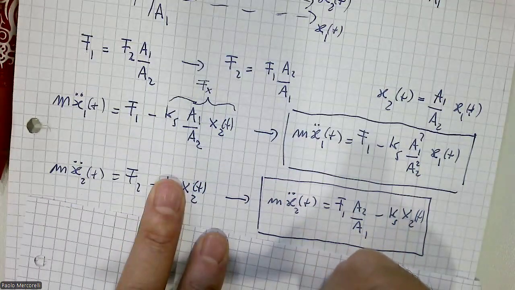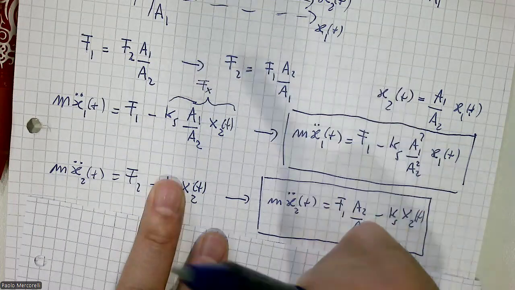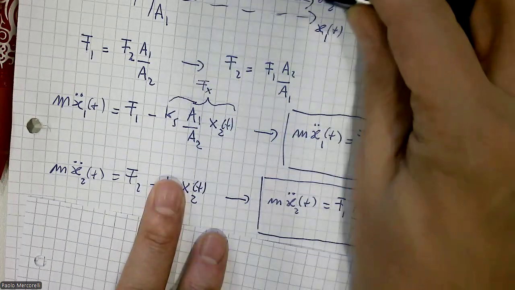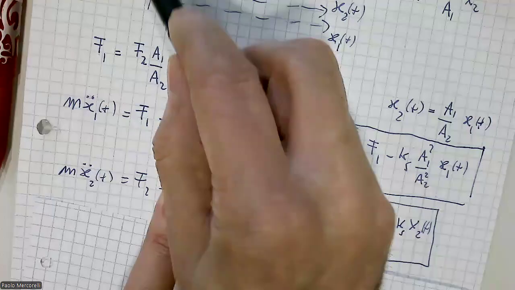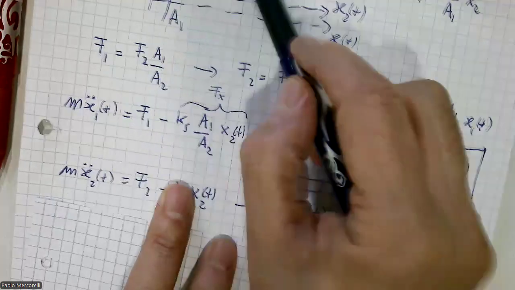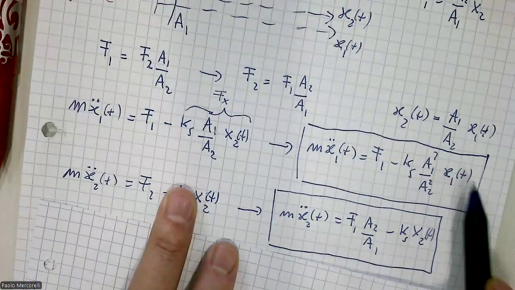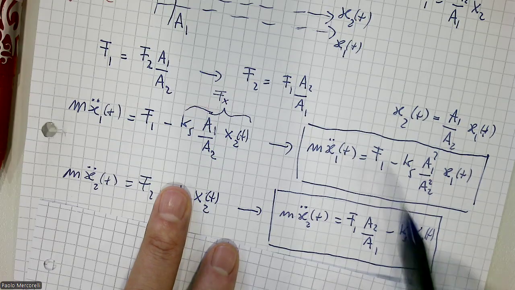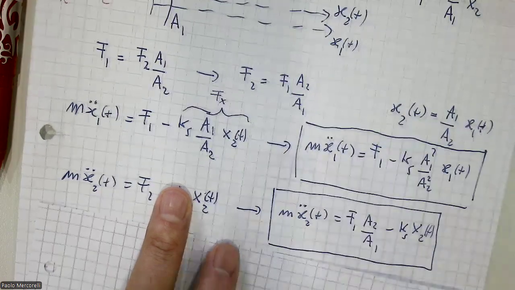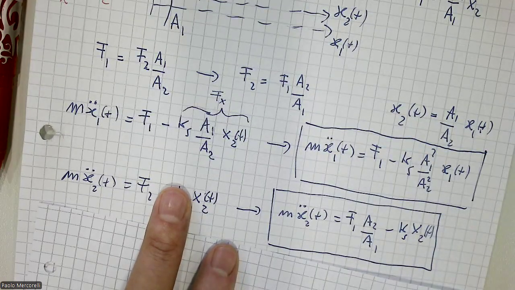But this reaction is amplified. Again, small force here, large force here. Large force here, small force here. Therefore, I have to multiply again by A1 over A2, multiply x1. And then we have everything on the A1 part.